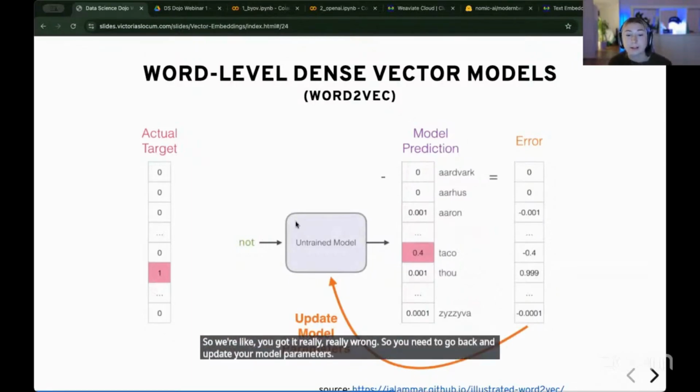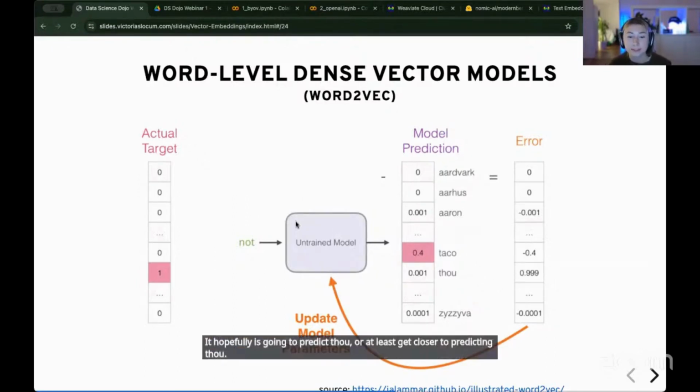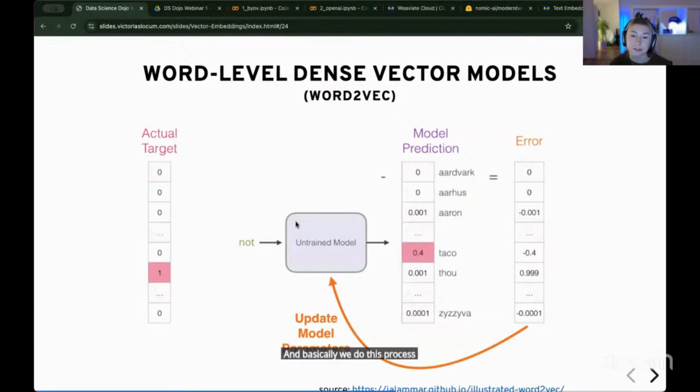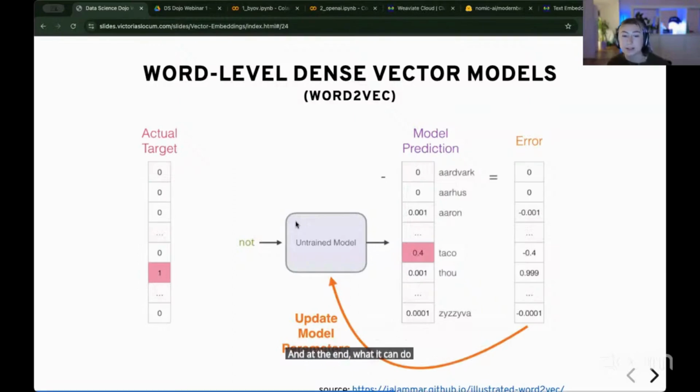That way, next time it does the same process, it hopefully predicts "thou", or at least gets closer to predicting "thou". We do this process lots and lots of times over lots and lots of data. At the end, it can take in new words and output vector-level representations of these words that encode their meaning.